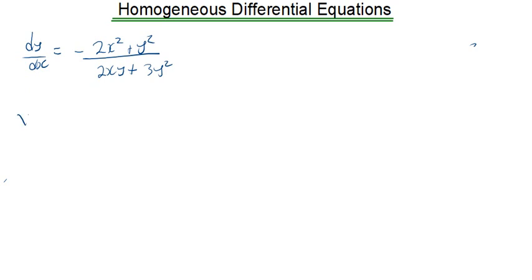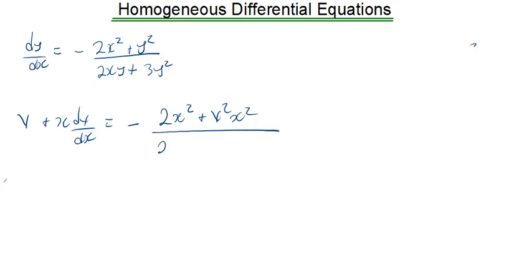I'll just say v plus x dv dx equals minus 2x squared plus v squared x squared, divided by 2x squared v plus 3v squared x squared.